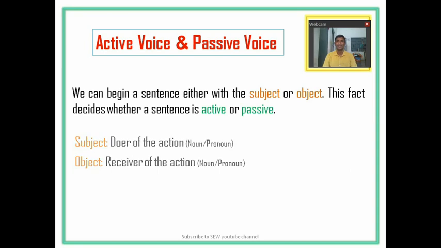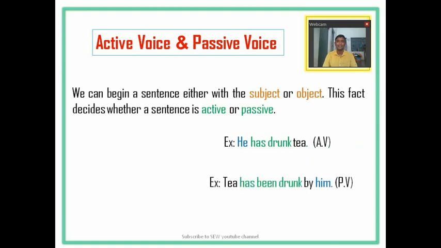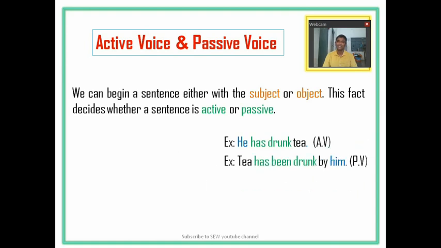Yes. So I'll give you an example. Look at the example. Here, he has drunk tea. What is the example here? He has drunk tea. So he is the subject because it is the doer of the action. Has drunk is the verb because it is an action. And tea is an object. Okay. So I'll give you another example. Tea has been drunk by him.